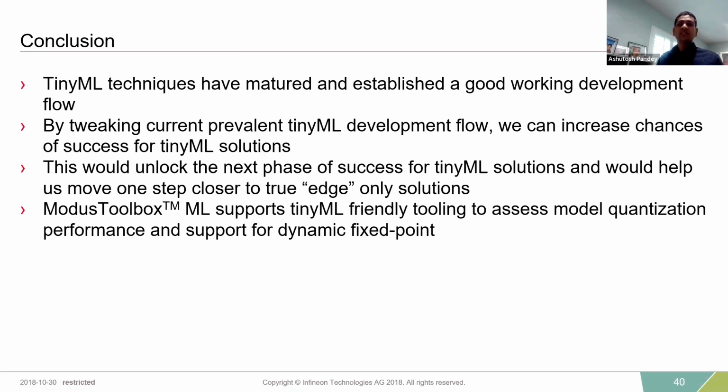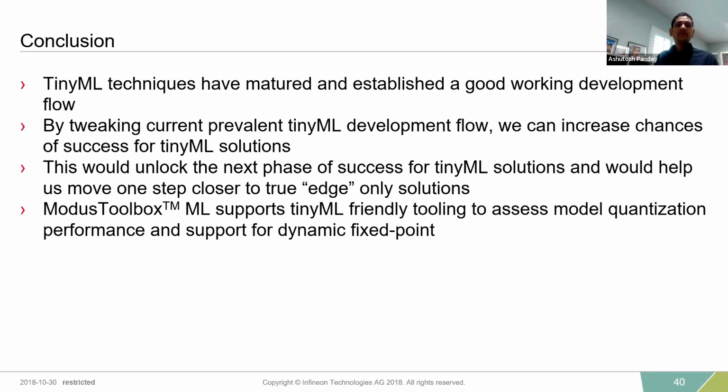well. So all in all, the tinyML techniques have matured, they have established a good working development flow. And by tweaking this tinyML development flow, we can increase the chances of success. We can also unlock the next phase of success for tinyML solutions.